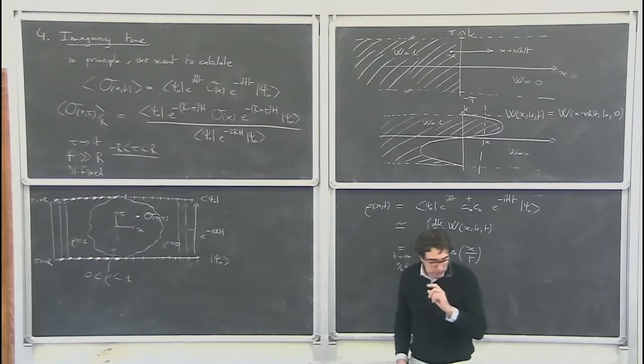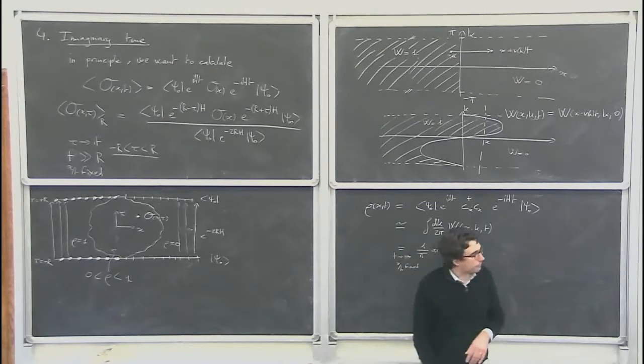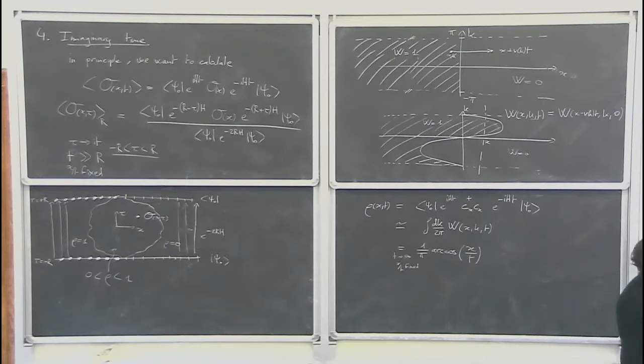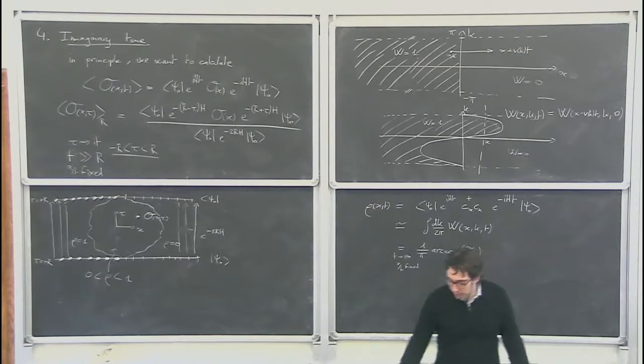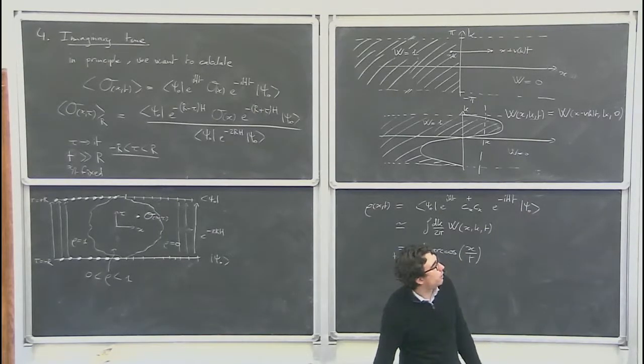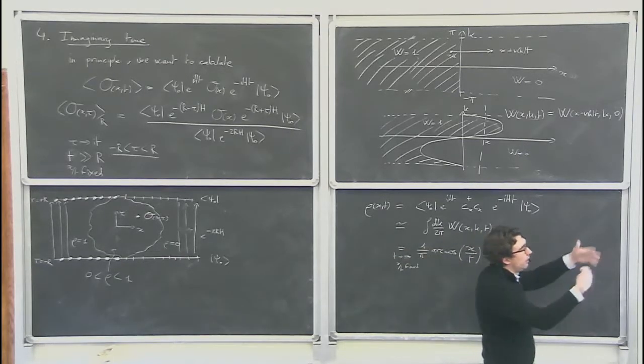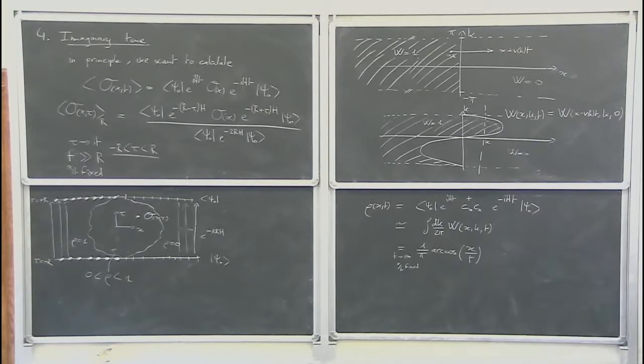And so this is what happens in our problem now. It's really analogous to the previous situation. It's just that now we are doing this in continuous time, because we have a Hamiltonian, not a transfer matrix. So it's continuous time, but otherwise it's quite similar.